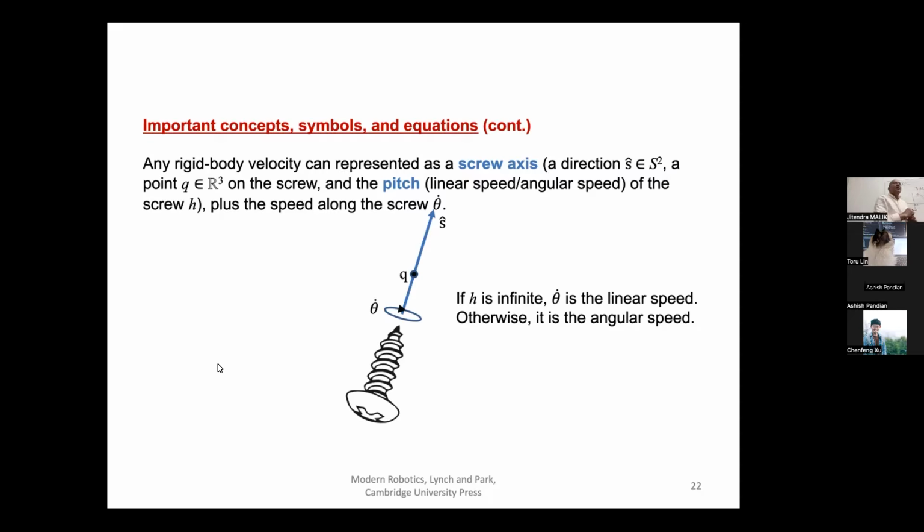Okay. Now I am going to argue with you that except in one degenerate case, this rotation followed by a translation can be converted to just a rotation about some new point.